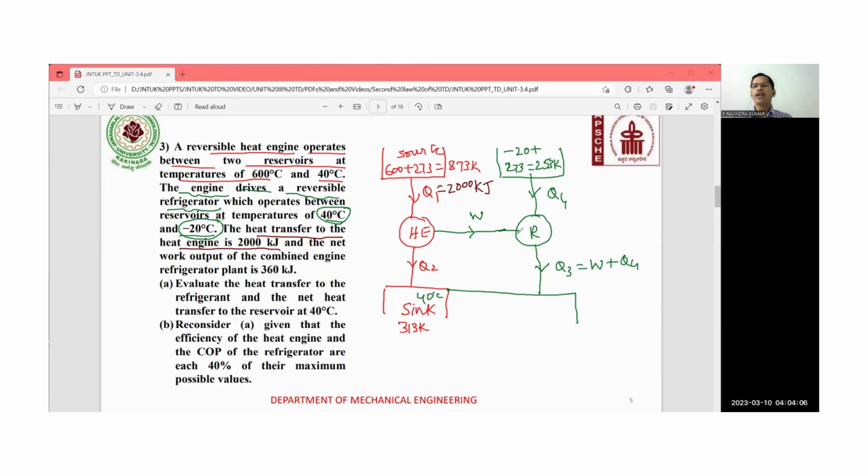Sometimes it is a combination of heat engine with heat pump, sometimes a combination of refrigerator and heat pump. Those combinations are there, right? So the heat transfer to the heat engine is 2000, and the net work output of the combined engine refrigerator plant is 360, right?